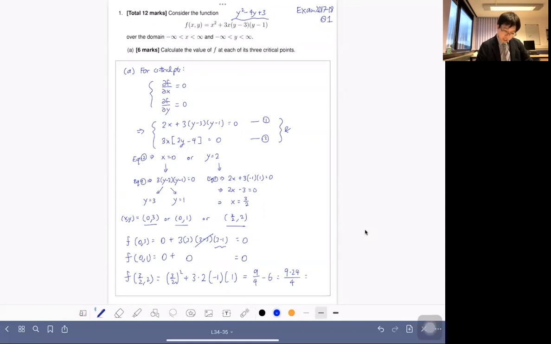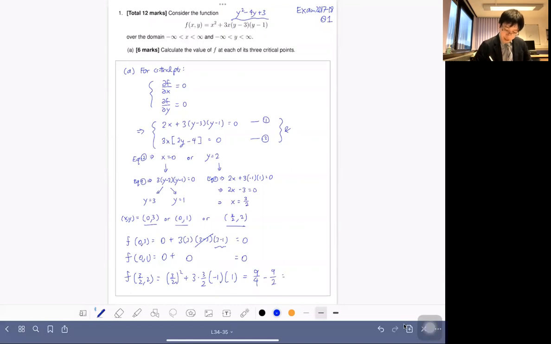Let me just check my algebra. Oh, of course, sorry. That's not supposed to be 2. That's 3 over 2. That's an x over here. Okay, so that should be 9 over 4 minus 9 over 2.